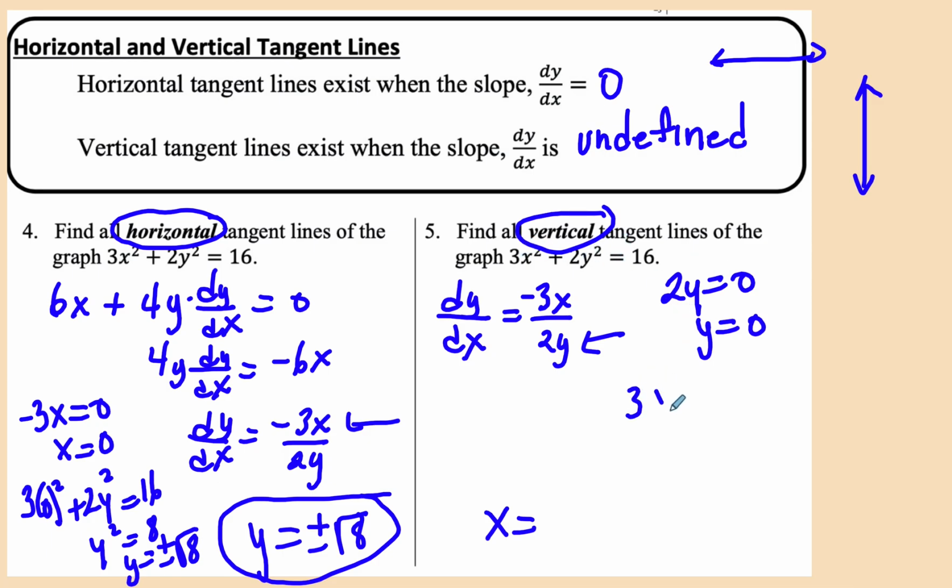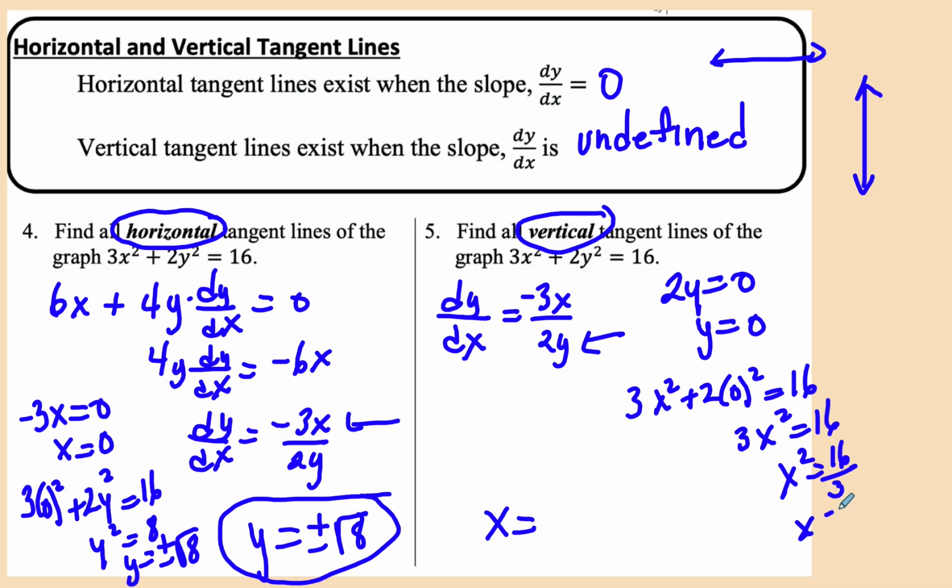So 3x squared plus 2 times 0 squared is equal to 16. So 3x squared is equal to 16. x squared is equal to 16 over 3, or x is equal to plus or minus 4 over root 3. These are the places that are going to force the y to be 0.